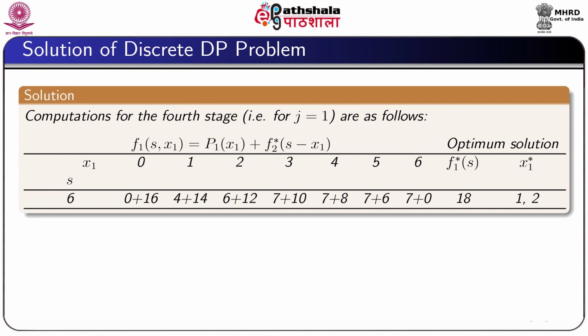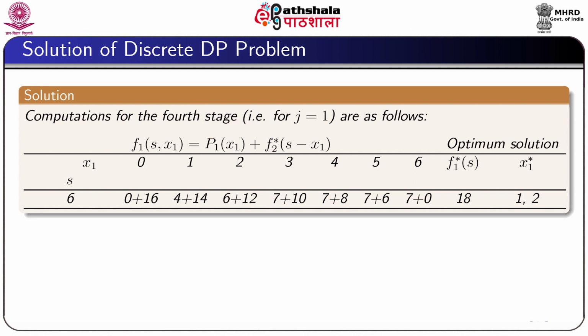So, s will take the value 6 only, and then from the recursion we can find the values of f 1 star for different values of x 1 as shown in this table.